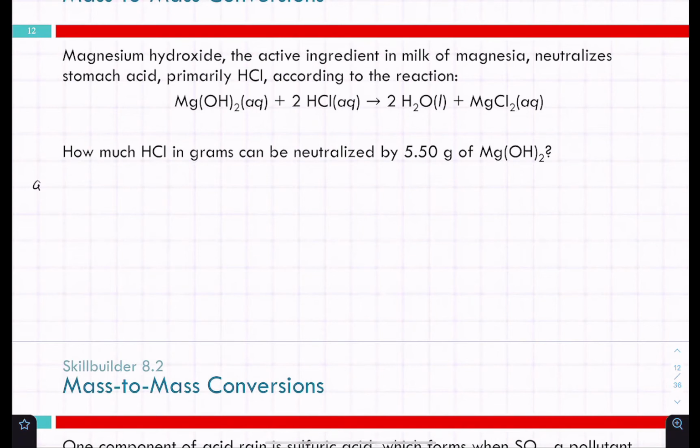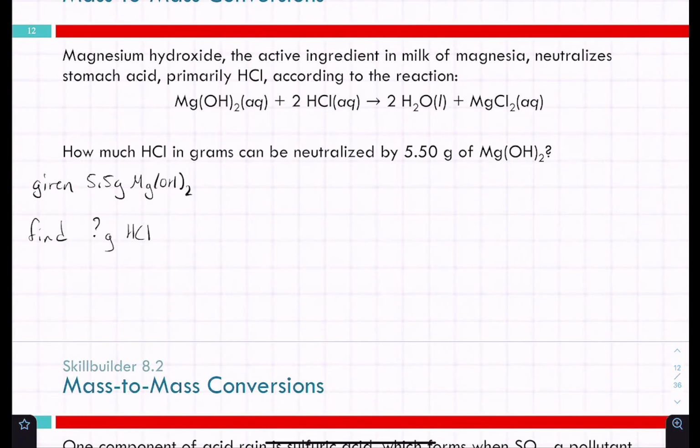So our given, magnesium hydroxide, is 5.5 grams of Mg(OH)2. And what are we trying to find? How many grams of hydrochloric acid? Yep, the mass in grams.